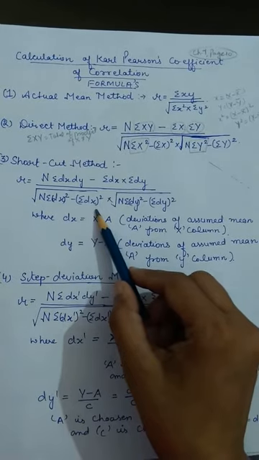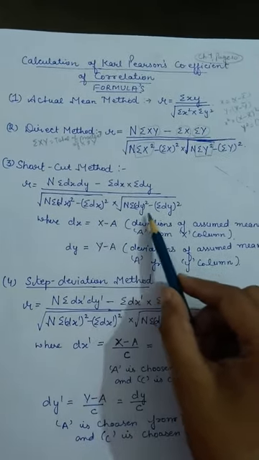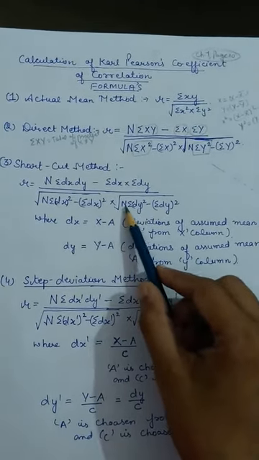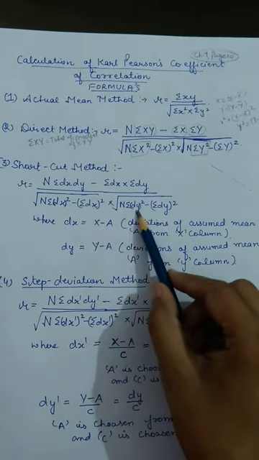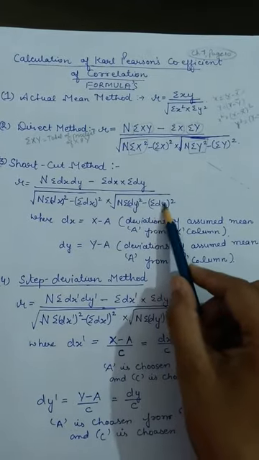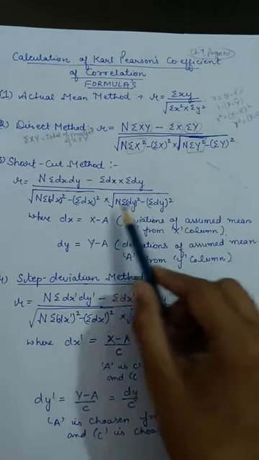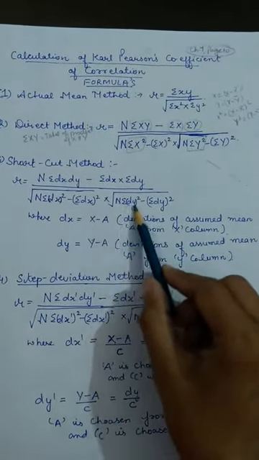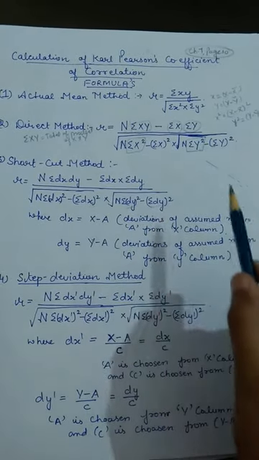So you have to take care while calculations. Here again n into sigma dy square, and here it is minus sigma dy whole square. So there is a difference between the two.